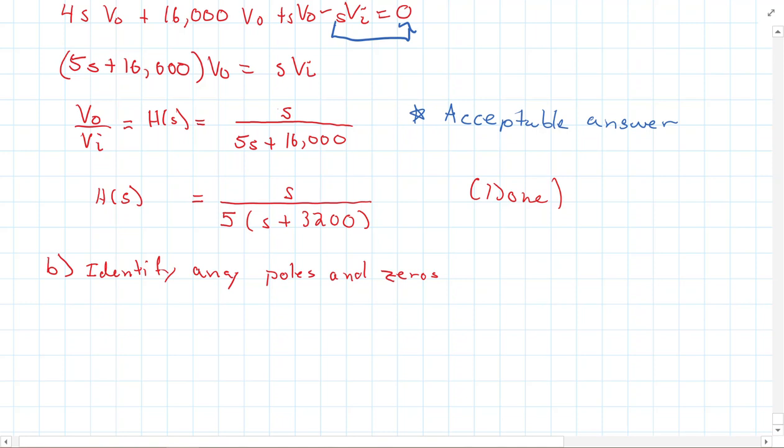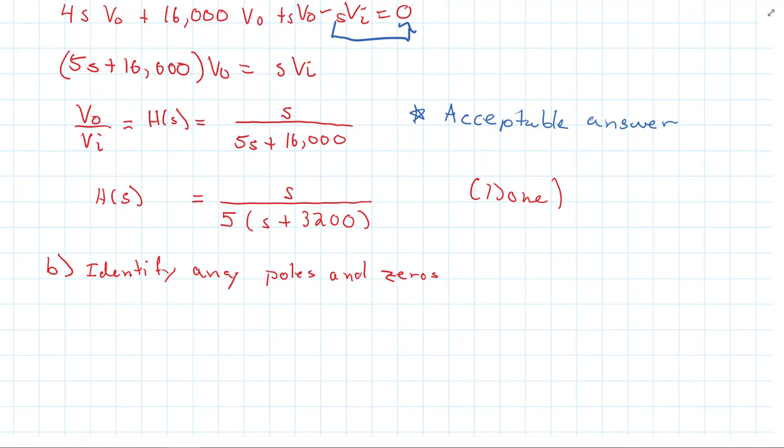This is something very important when you get into controls or advanced filter design. In controls, there's something called a root locus plot, and the first thing you do is get a transfer function and plot all the poles and zeros. So you're going to need to know these for a controls course. So, identify any poles and zeros.